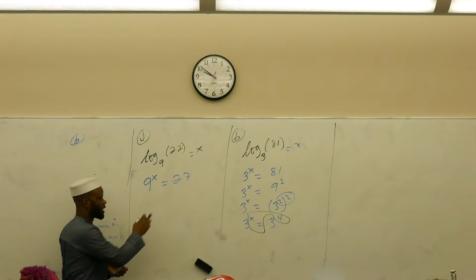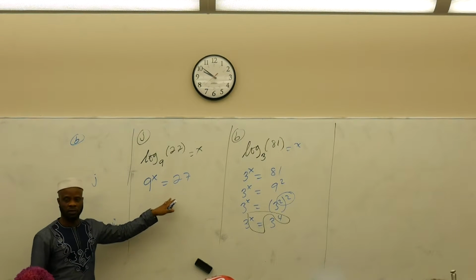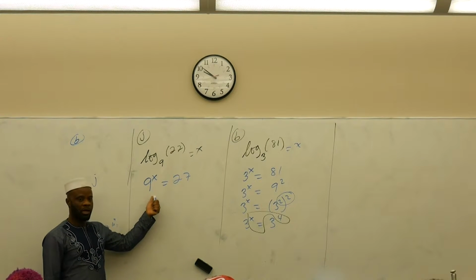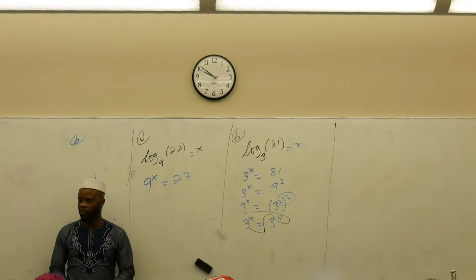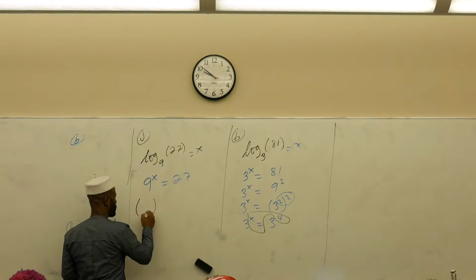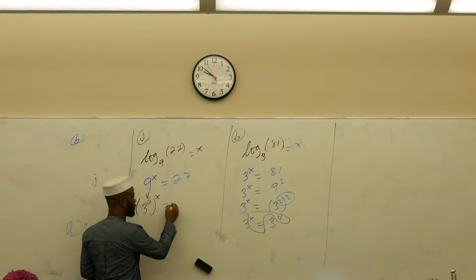So if they can be written as bases of 9, let's write them as bases of 3. If I write 9 as a base of 3, what power of 3 gives me 9? 2. So 3 squared to the x. This is still my 9, right? What power of 3 gives me 27?